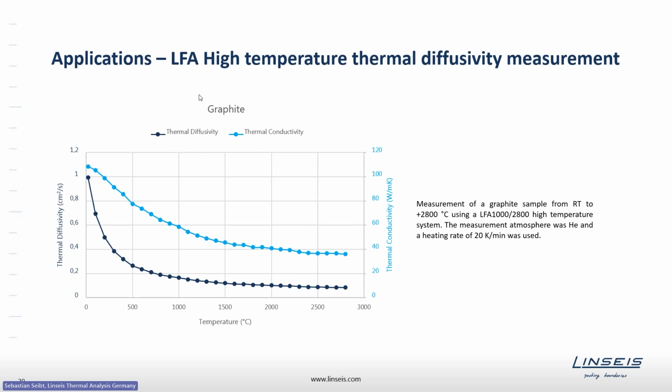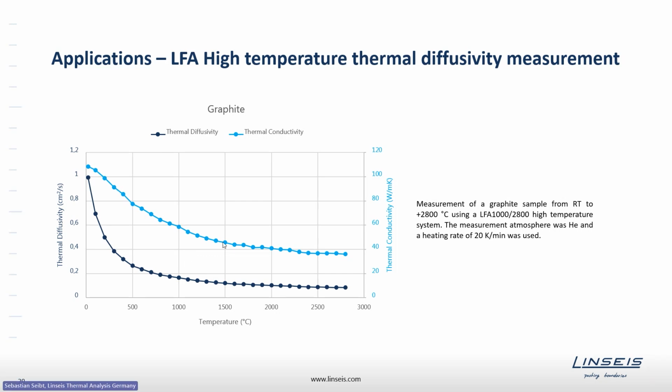Finally, we also have an application for high temperature thermal diffusivity measurement with the LFA. In that case, graphite was measured using one of the modified LFA instruments up to 2800 centigrade. It was an LFA 1800, a high temperature system. And this complete experiment was performed in helium atmosphere, as Erica just described.